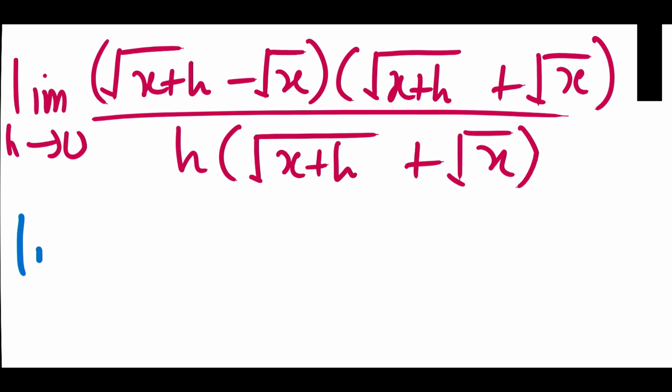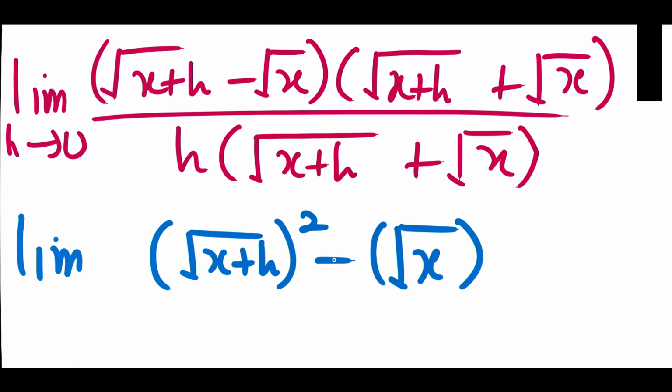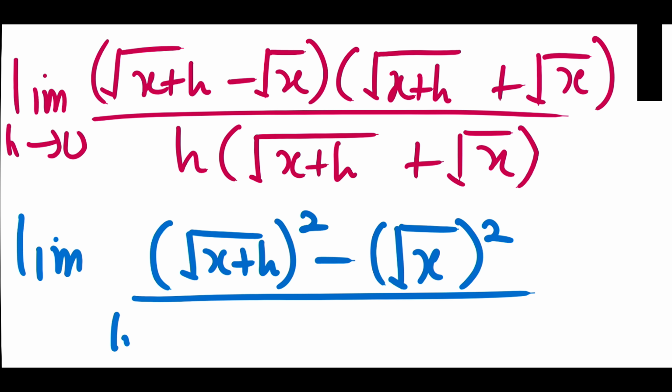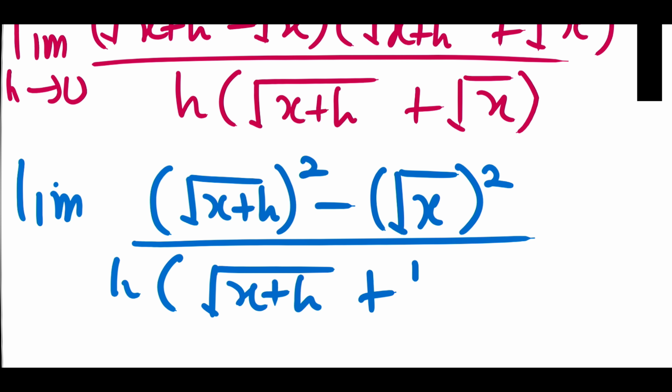So it becomes the limit of square root of x plus h in bracket squared minus the square root of the second term, which is square root of x, that is all squared, then divided by, I'm still repeating everything we have as the denominator: square root of x plus h in bracket plus square root of x, then close it nicely, as h approaches 0.